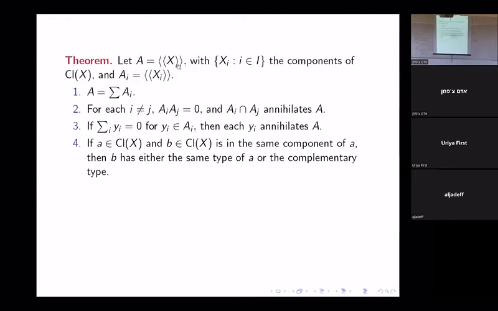But suppose you have a set of axes and the Miyamoto set, and A_i is generated by the axes.